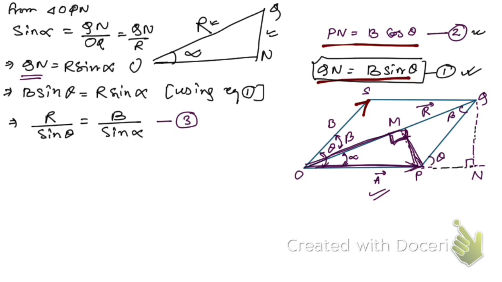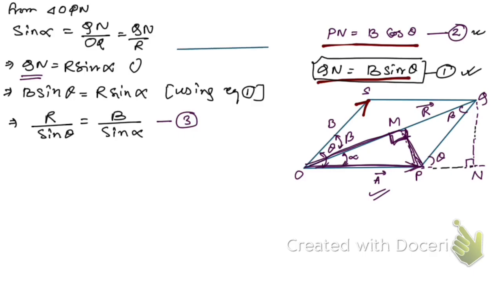Let me draw it here. Here is the triangle OPM. This is M, this is P, this is O. Here this angle is alpha. So this is the hypotenuse, this is the perpendicular, and that is the base.